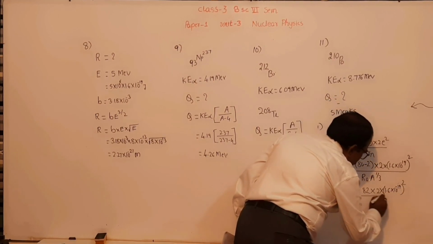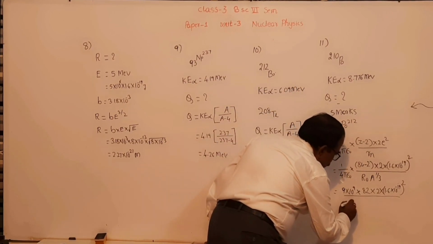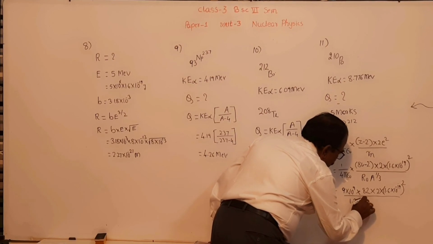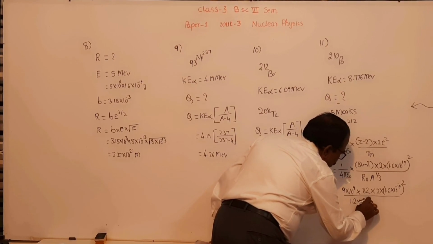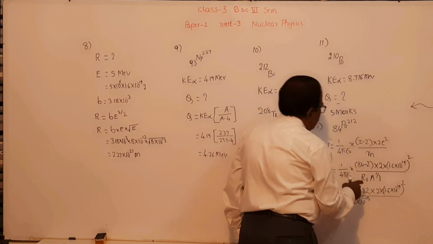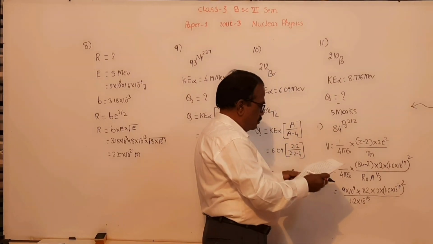What is the value of R naught? I have told in the theory, 1.2 into 10 raised to minus 15, and A is, what is it, 10 raised to minus 15 or what it is?